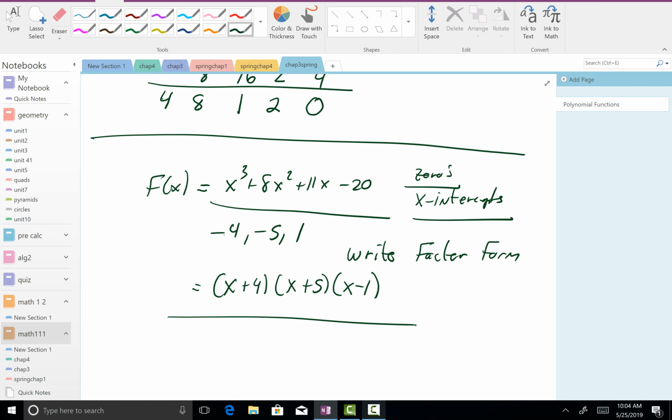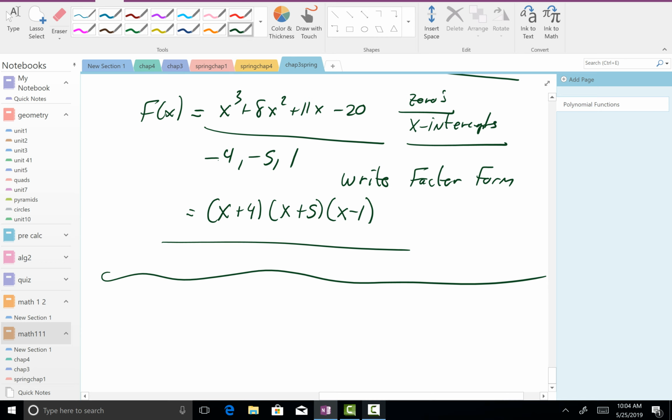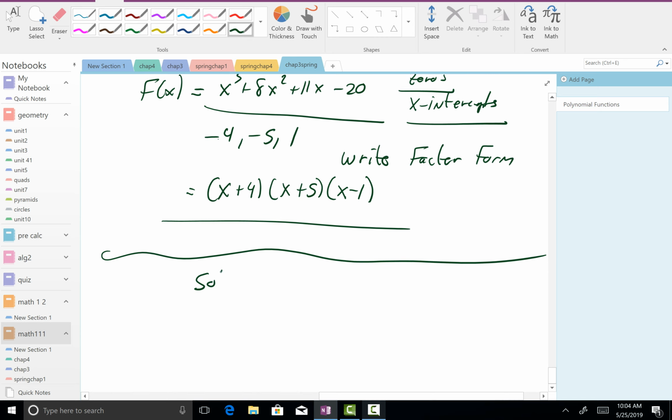Next thing I want to ask you to do, solve. And here's what they're going to ask you to solve. 2x cubed plus 3x squared plus 2x plus 3 equals 0. Okay? Now, all we're solving is for real solutions.